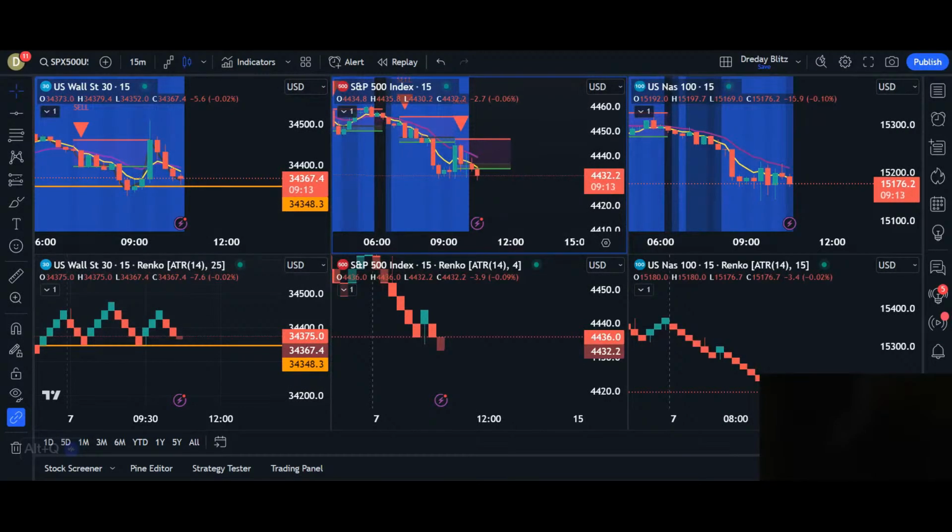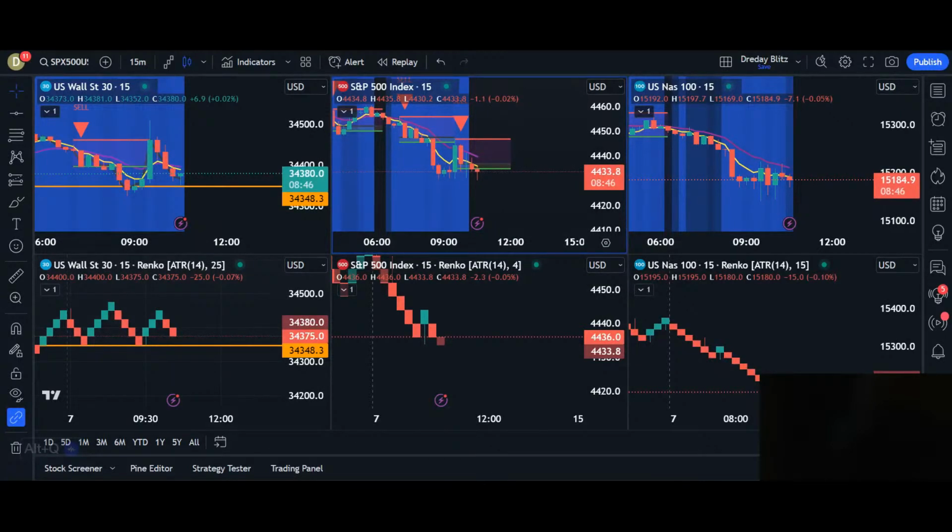So right now, S&P 500 is looking good. NASDAQ, there's nothing so far. US 30 here is, yeah, still showing bearish right now. But like I said, if I don't have any signals, I'm not taking the trade.